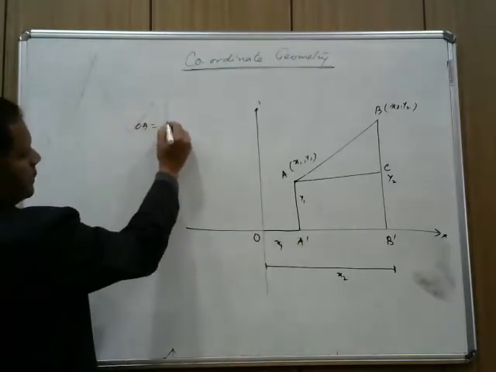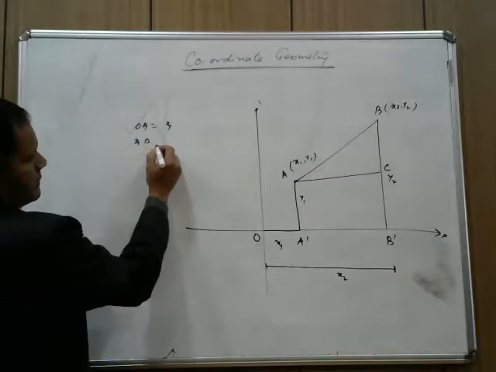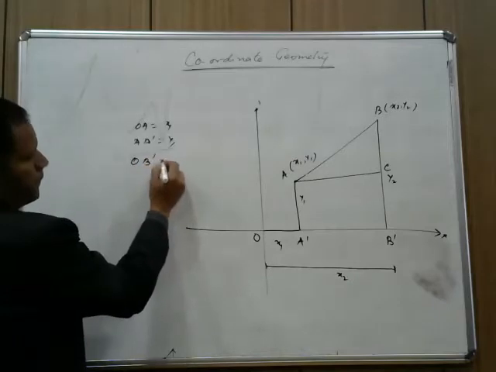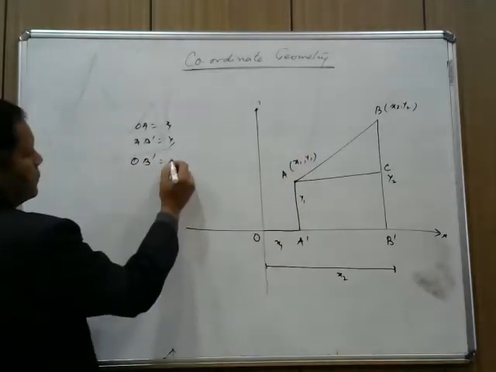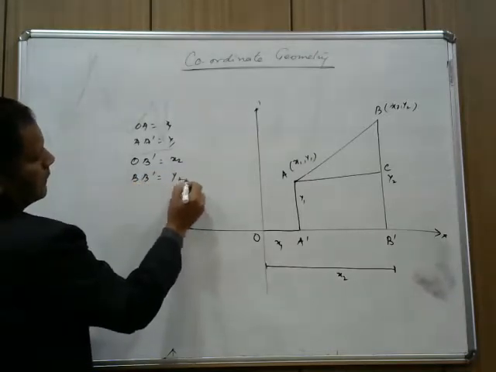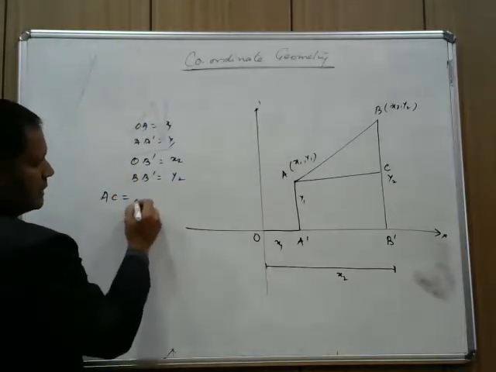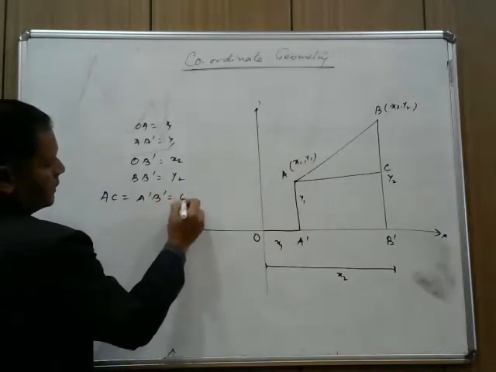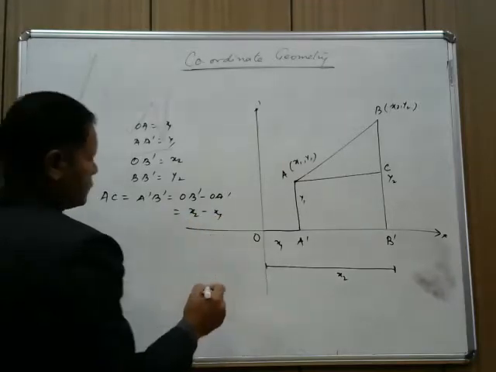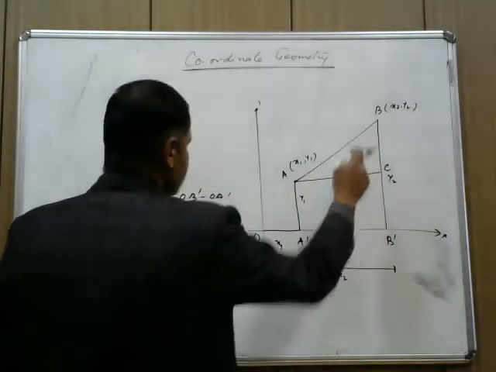Here OA dash is equal to x1, AA dash is equal to y1, OB dash is equal to x2, and BB dash is equal to y2, and AC is equal to A dash B dash, which is equal to OB dash minus OA dash, and that is equal to x2 minus x1. Any problem?